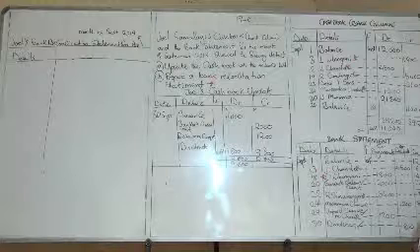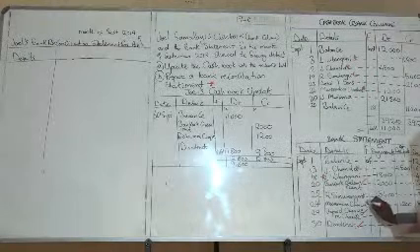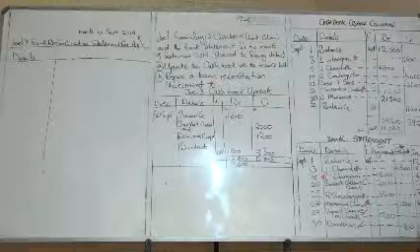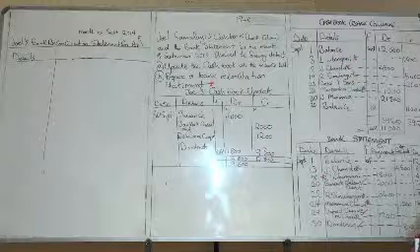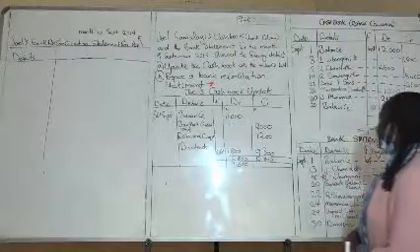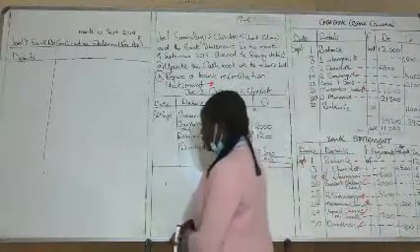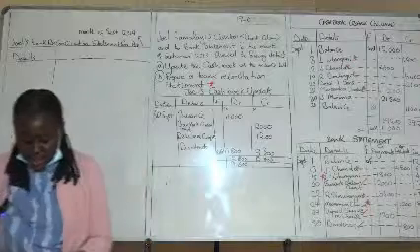And then the only accounts that we are dealing with here now is J. Mwilima, Desai, and Sons. So we come now to our bank reconciliation.